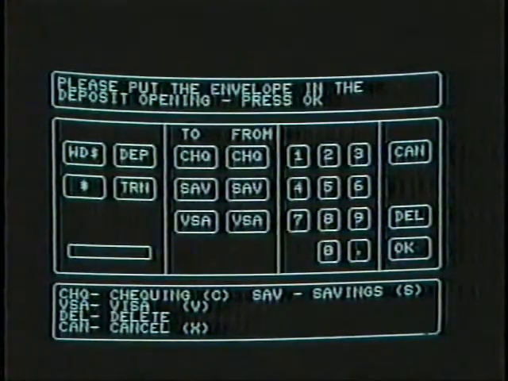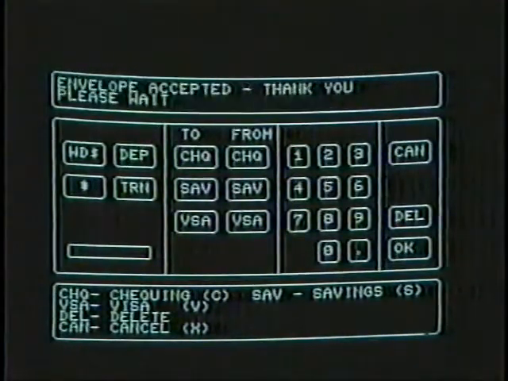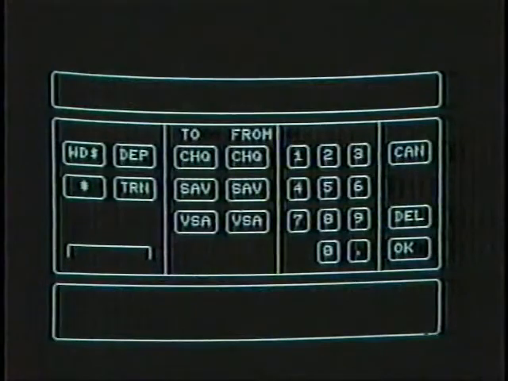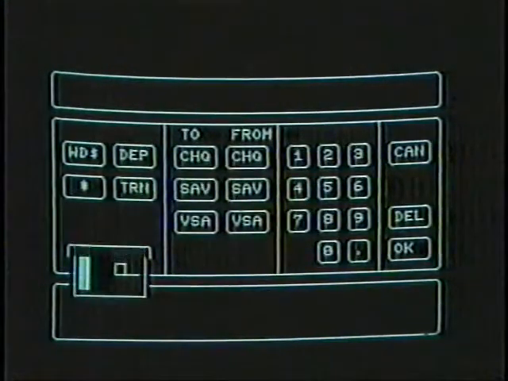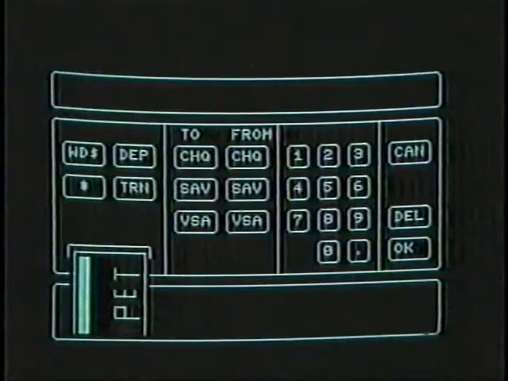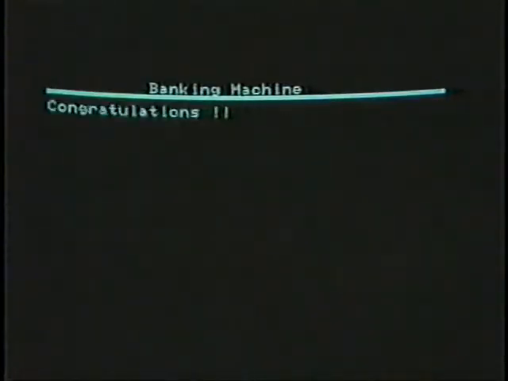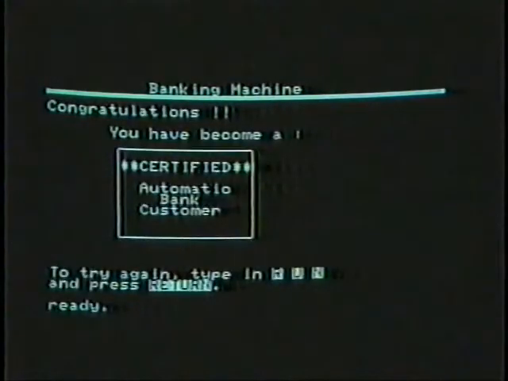Please put the envelope in deposit opening. Okay. Envelope accepted. Thank you. Please wait. Okie dokie. Space bar. This program was designed especially for children in grades 4 and 5 because when they grow up, they may be doing a lot of their banking by machine. Well, I better quit while I'm ahead. Isn't that nice? I got congratulations.